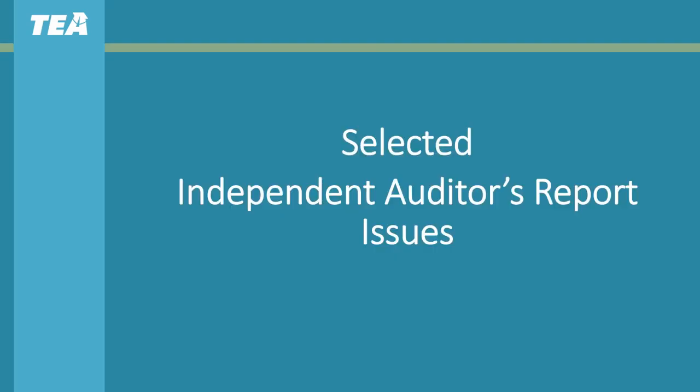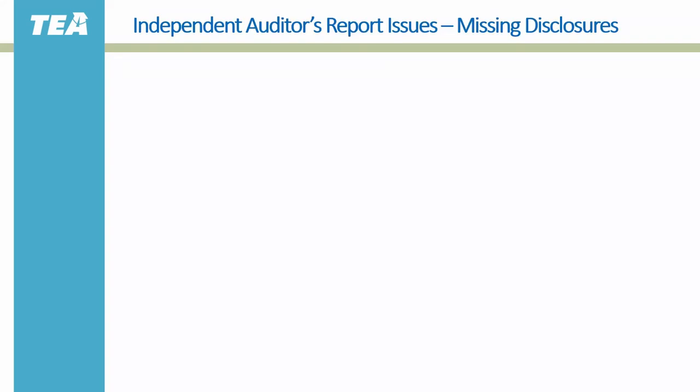Next, I would like to present selected independent auditors report issues. The common issues noted in the independent auditor's reports are related to missing required disclosures. Here we list some of the situations.